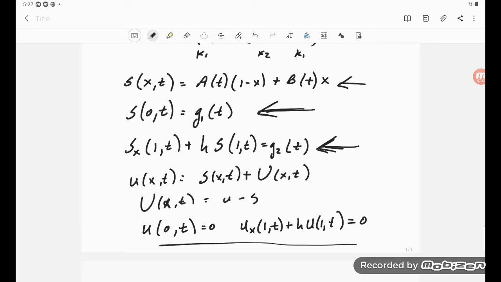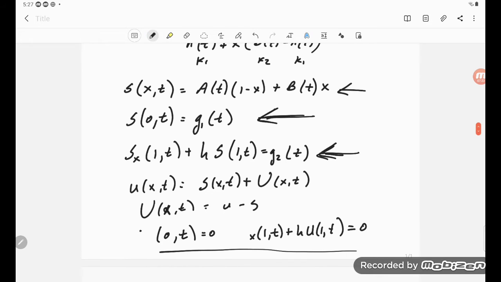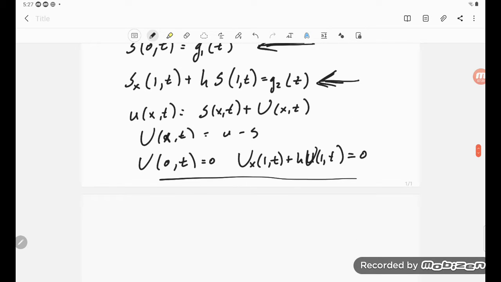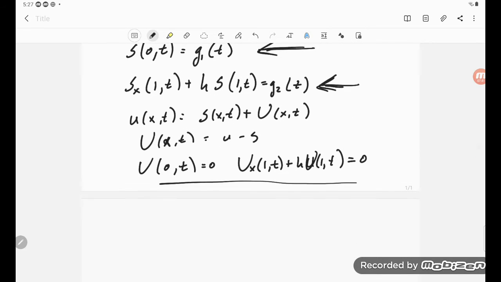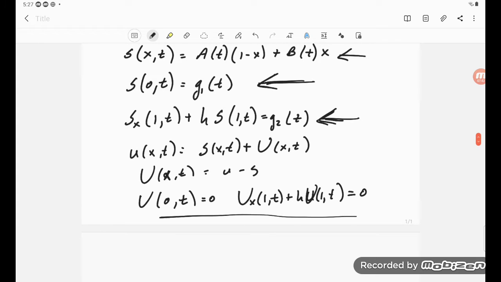Oops, I got sloppy here, so sorry about that. Those are uppercase U's. Okay, so we would have those homogeneous boundary conditions for those.